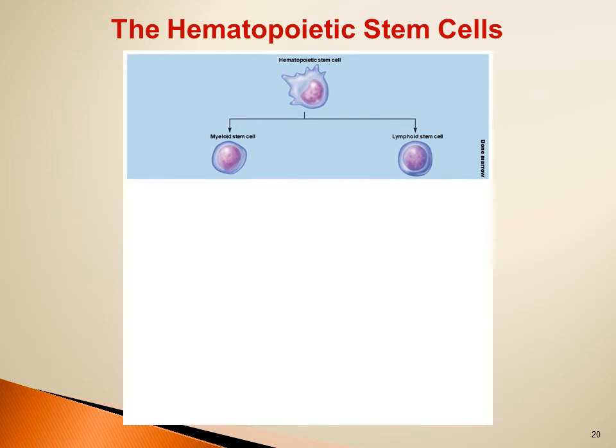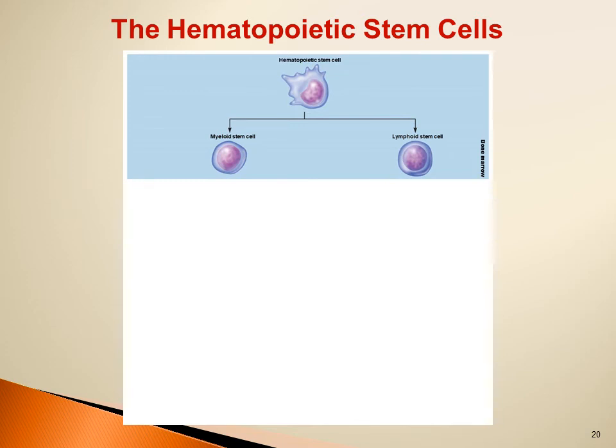Now let's talk about the hematopoietic stem cells, because these are stem cells that are present in the red bone marrow, and they are the precursor cells for all types of blood cells, including the different immune cells.